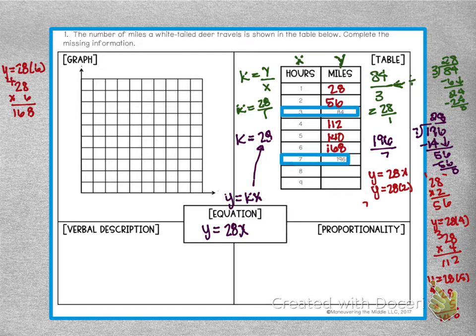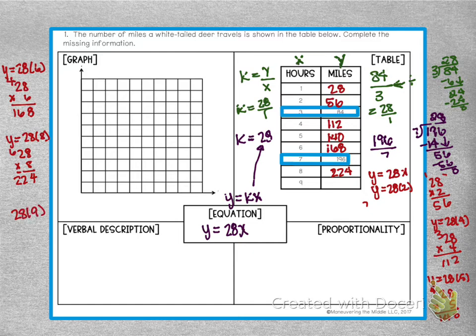And then last 2. Y equals 28 times 8. 8 times 8 is 64. 8 times 2 is 16. Plus 6 is 22. 224.